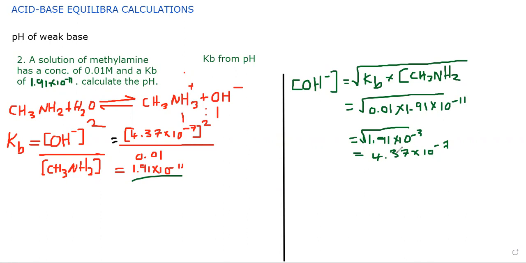And if you remember, it was the same. All right, so see, we get it back here. So the first thing I do is transpose for the hydroxide ion concentration.